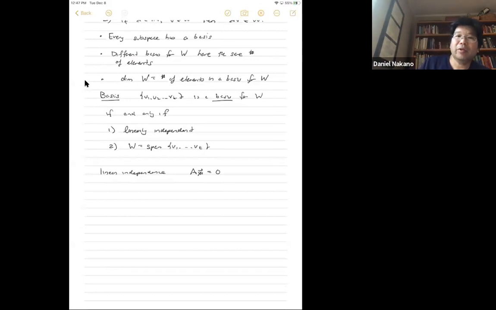Okay, and you just want to make sure that when your vectors are in the columns of A, you only have the trivial solution. So A consists of the vectors V1 up to Vt in the columns.